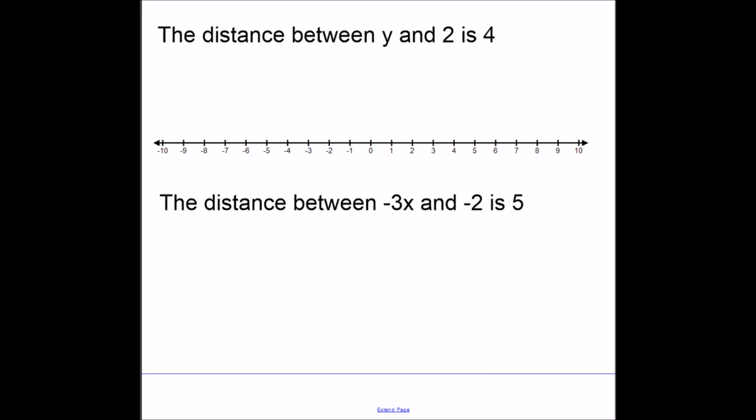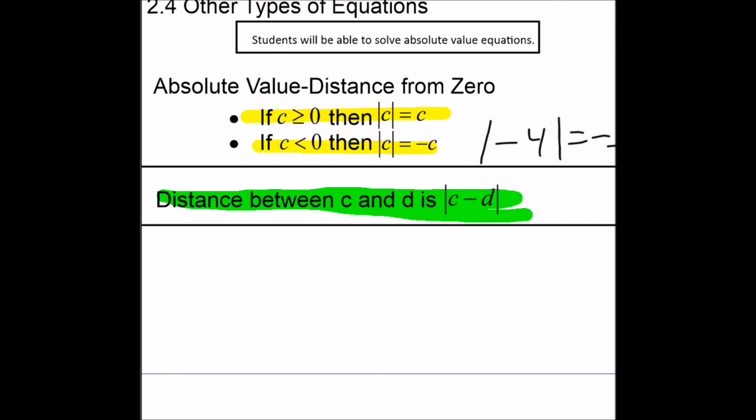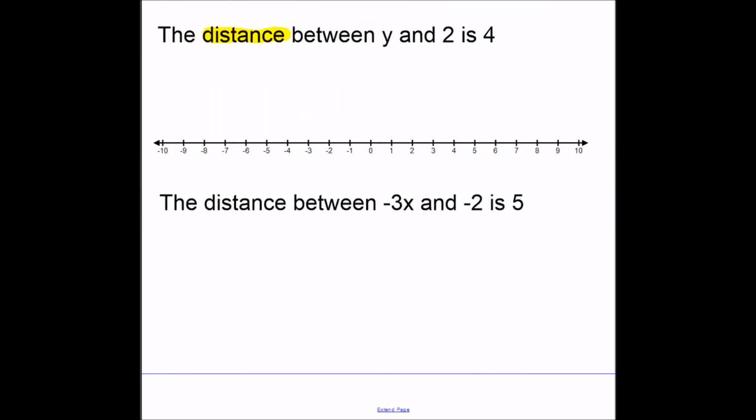And in this part, we are going to be focusing on the definition of distance, which I gave you back in the very first video in this sequence. So the distance between C and D is the absolute value of C minus D. So here's what I'm going to do.